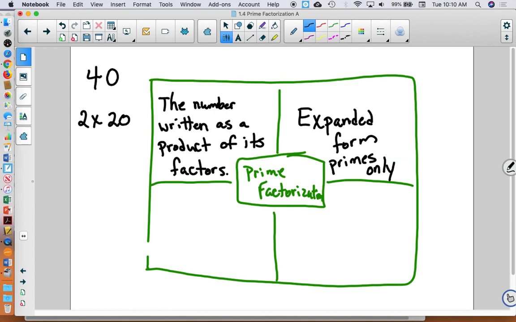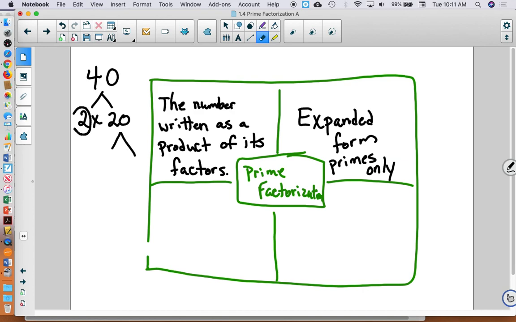Okay? Anybody ever see something that looked like this? Called it a factor tree. You ever seen factor trees? Yes. We're going to be using factor trees. We can also just list all the factors of 40. But at this point, 2 times 20 is 40. Now this one is not prime.